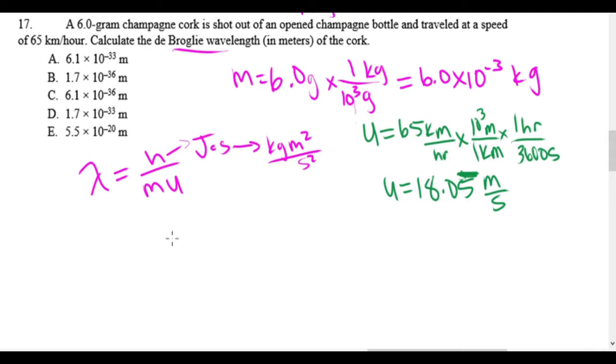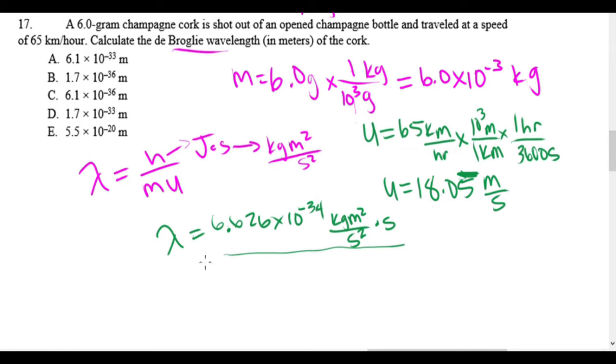So, plugging this in, the wavelength, lambda, is going to be equal to 6.626 times 10 to the negative 34 joule seconds, which is kilogram meters squared over seconds squared times seconds, over our mass of 6.0 times 10 to the negative 3 kilograms times our velocity of 18.05 repeating meters per second.